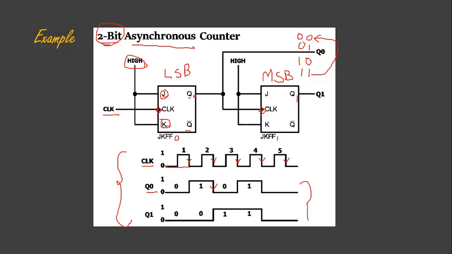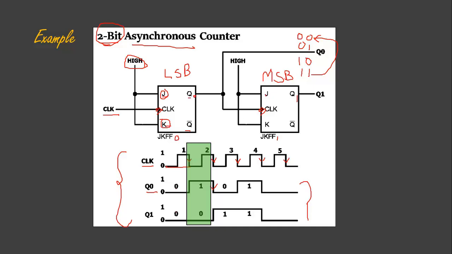So if I analyze what's happening, how it is counting: in the first clock, my output Q0 and Q1 is what? 0 and 0. So 0, 0 indicating 0. When the first clock occurred, it means this flip-flop has counted the first clock and it starts displaying the values 0 and 1. LSB is 1, MSB is 0.